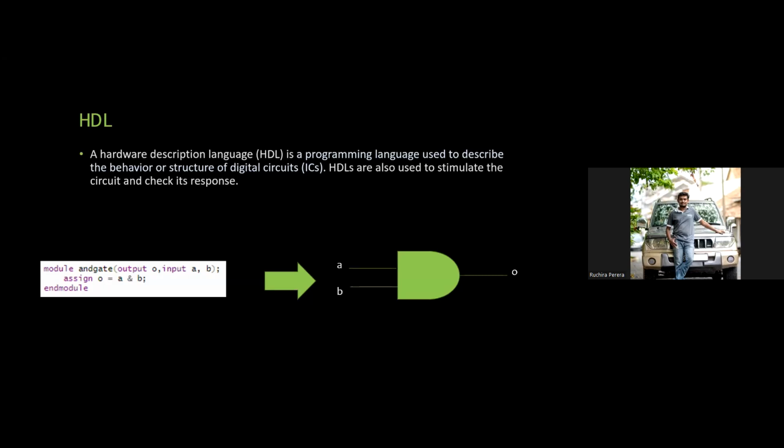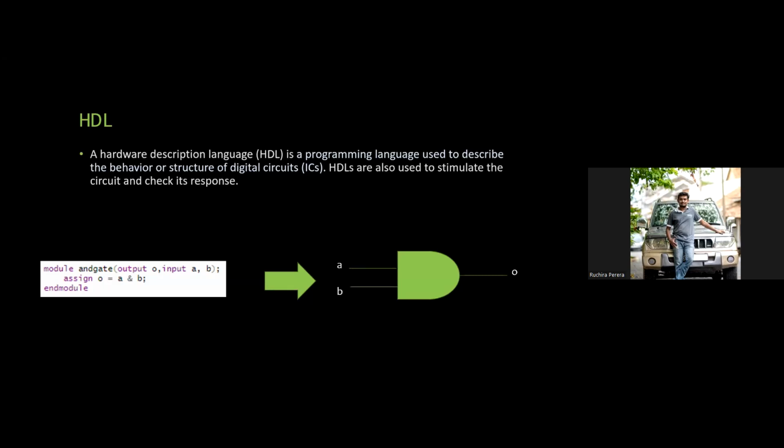If you have heard of any other computer language, C, C Sharp, or Java, something like that, you might think HDL is also a kind of program like that, but it is completely different. HDL languages are used to describe electronic circuits.